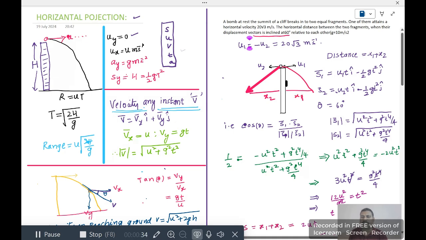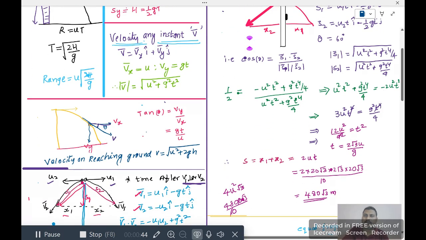We know that clearly. But to find the horizontal distance between these two fragments, you must know the time, right? So to find the time, I have given a clue: the angle between the displacement vectors.